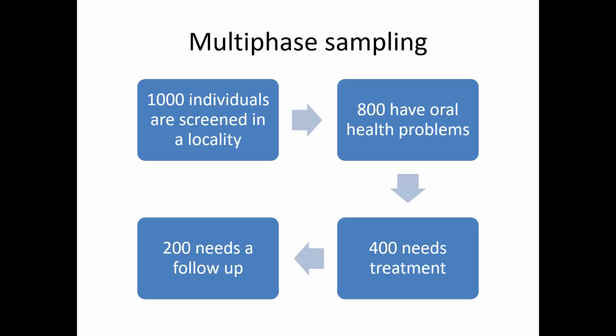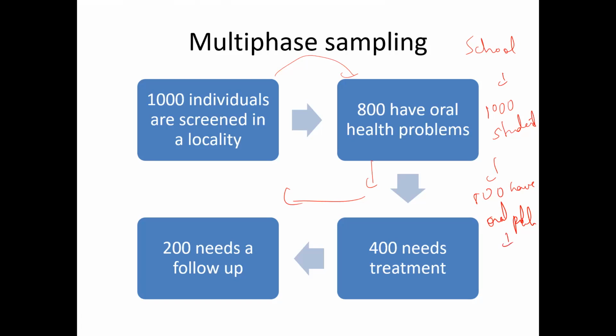Next, let us move on to multiphase sampling. In multiphase sampling, it moves on in phases. I'll tell you an example. For example, you go to a school and examine 1,000 students. Of these 1,000 students, almost 800 have oral problems.